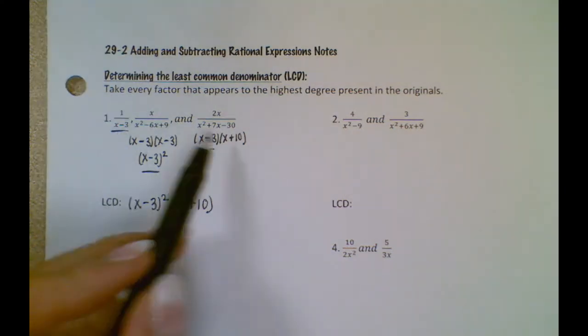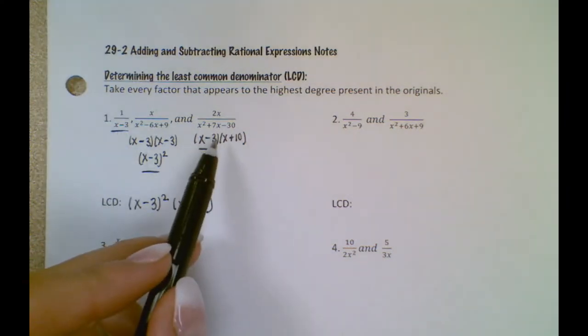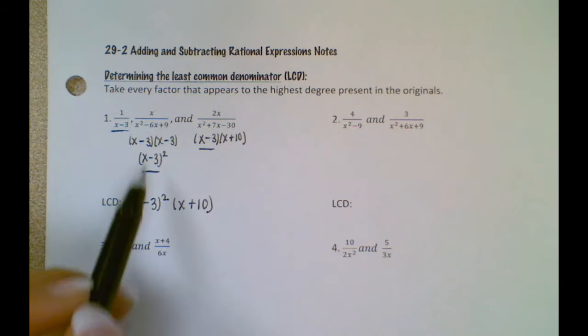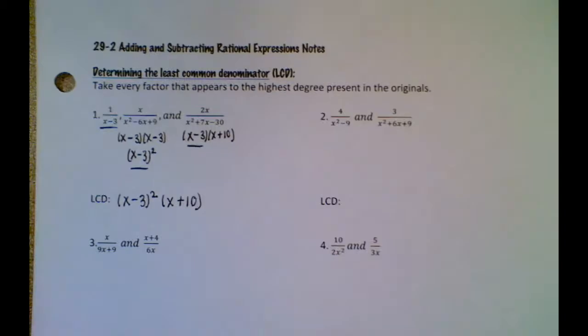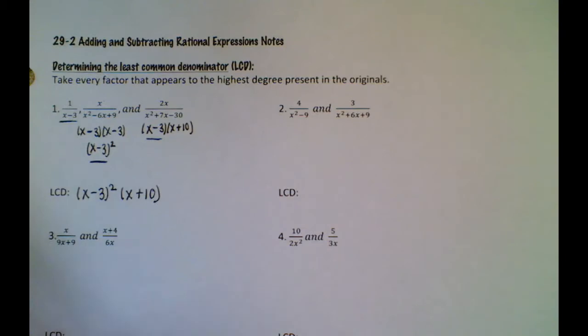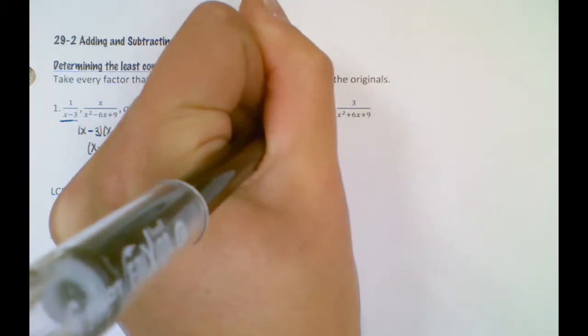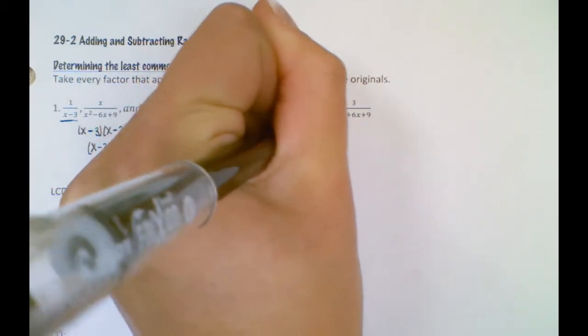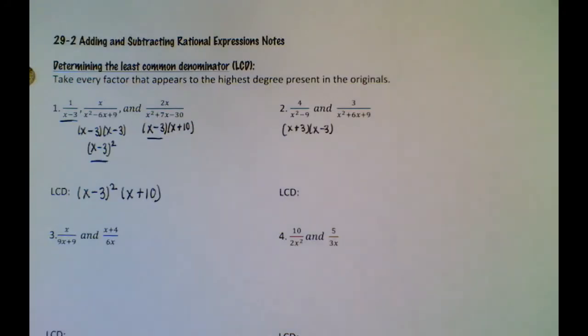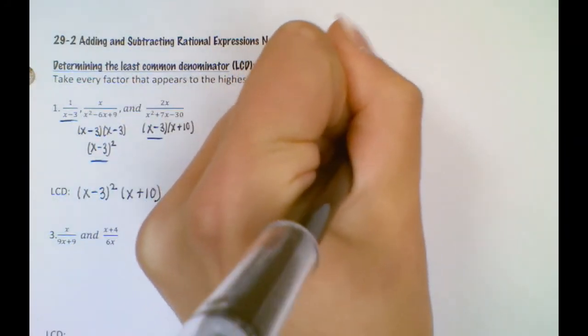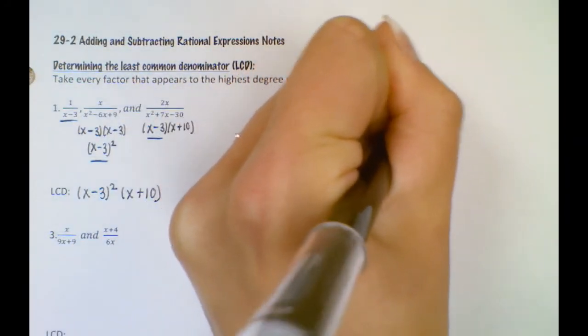Okay, so look at all your denominators, and those should all appear down here, but just take the highest degree of what appears, okay? All right, number 2, let's see here. This is a difference of 2 squares, so this is x plus 3 times x minus 3. And then over here, it looks like x plus 3 times x plus 3.